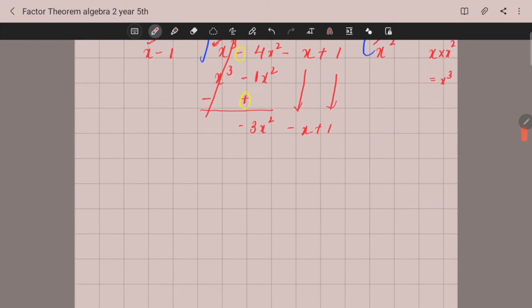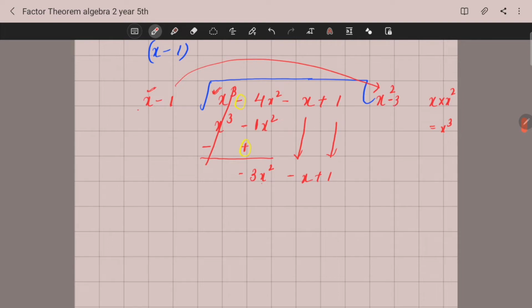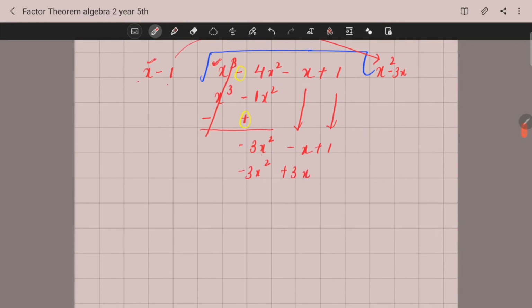Now we have to cancel this minus 3x squared. Here I have 1x and here it's x squared, so I need minus 3x. x into minus 3x makes minus 3x squared, I'll write it over here. After that, minus 1 into minus 3x makes plus 3x, so I'll write plus 3x over here. Again the same step, we interchange the signs. This is minus, I'll put plus; this is plus, I'll put minus.